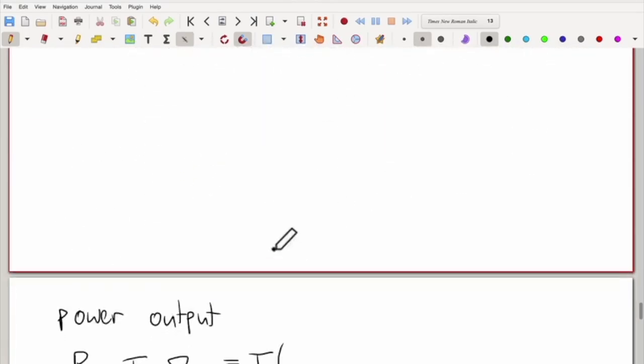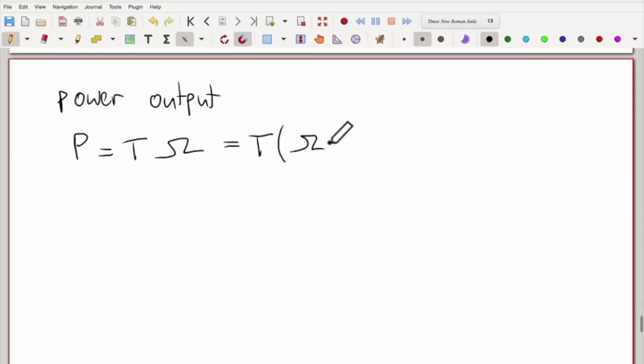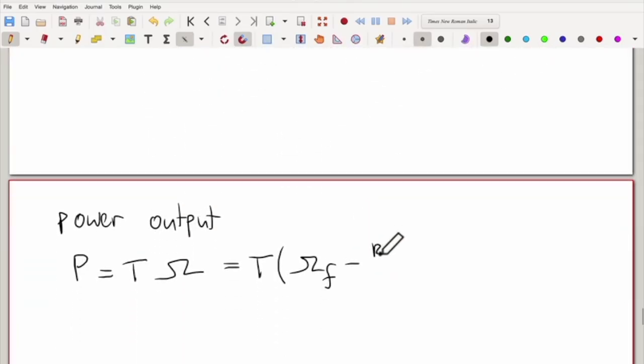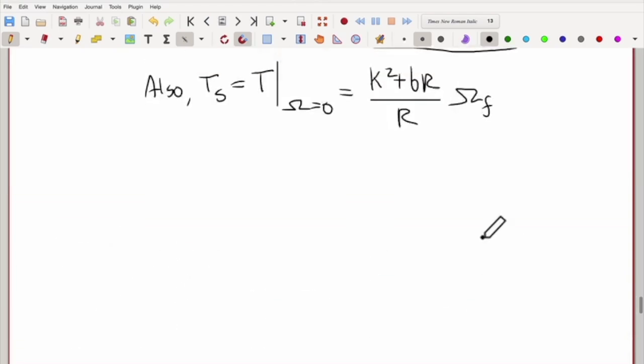So omega is equal to omega F minus this here, R over K squared plus BR times T. Make sure I got this right here.